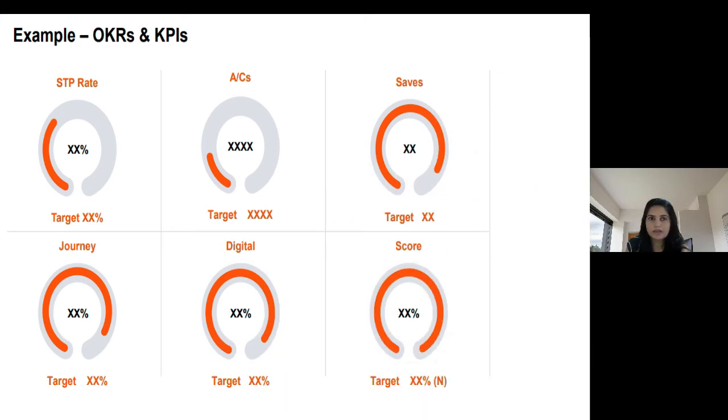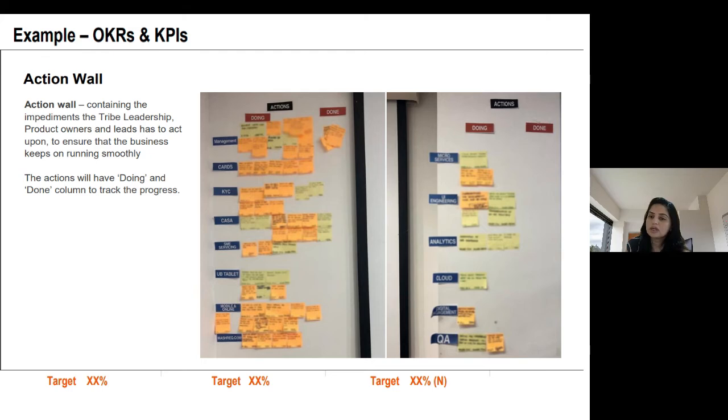One of the squads I took, CASA, for example, had a target for net easy score of, say, 80%, and they achieved 93%. So it's already all orange. And say STP rate, which is straight through process. The target was 75% and they achieved 29%. So it's still a lot to achieve. But if they put this there, it will be very easy for management to understand what is happening.